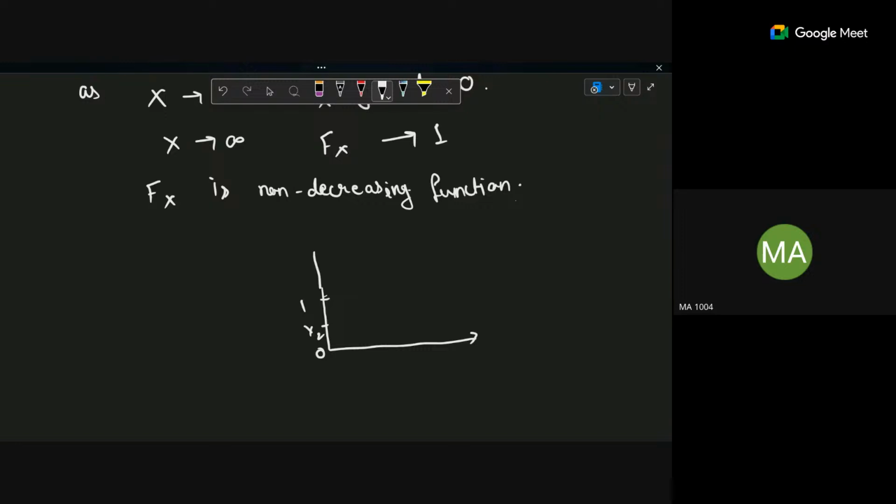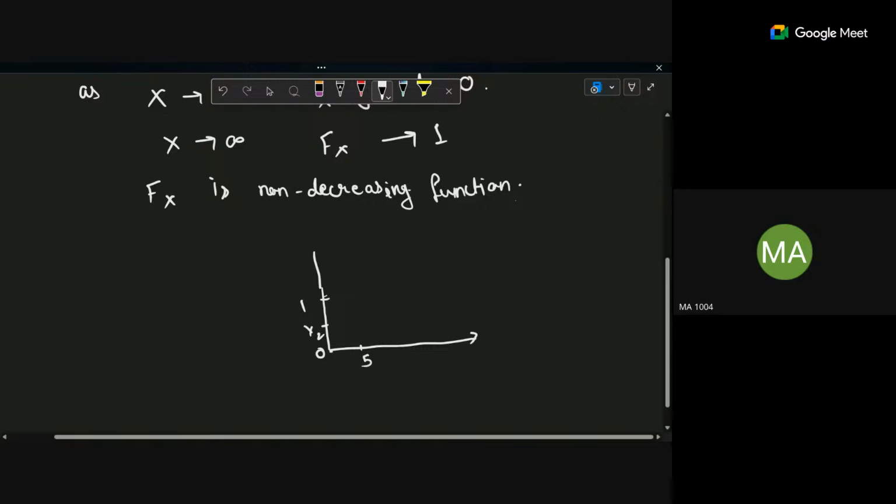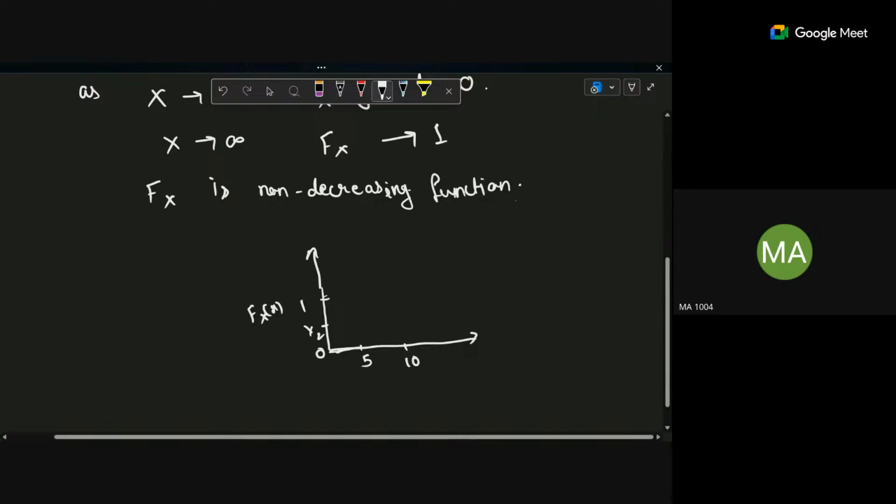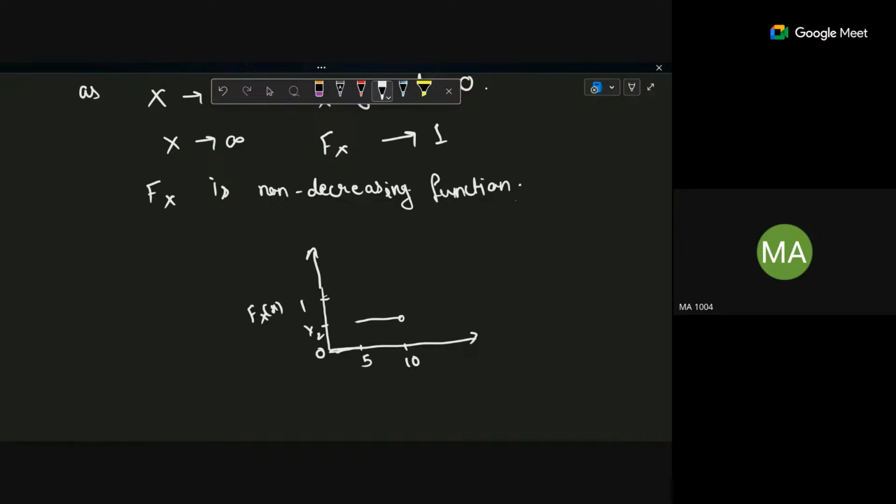It may be possible that from 0 to 5, your CDF function takes the value 0, from 5 to 10 it takes, let's say, 1/2, and from 10 onwards it will take 1.